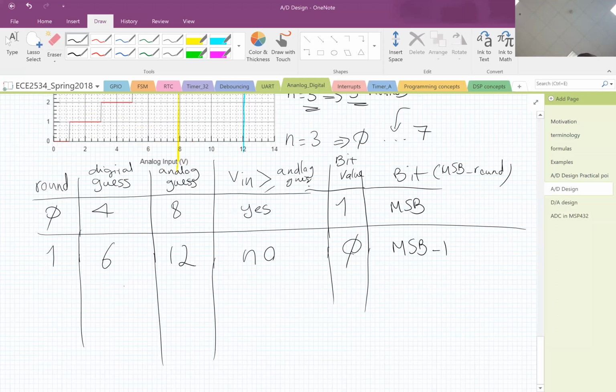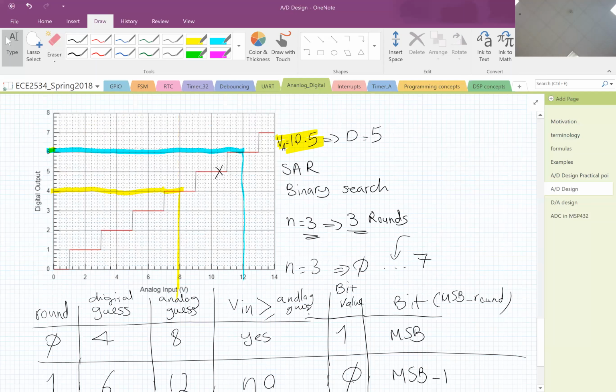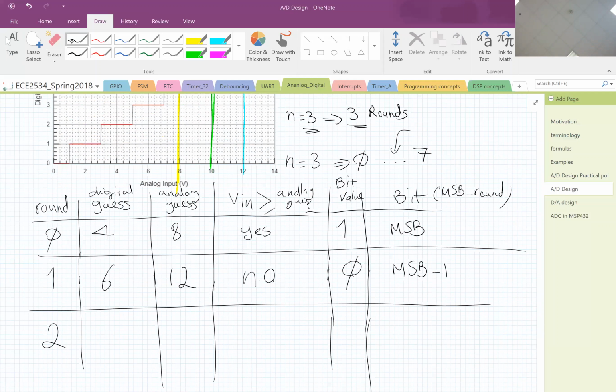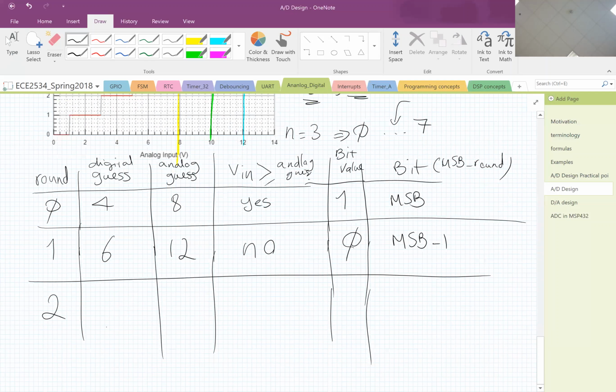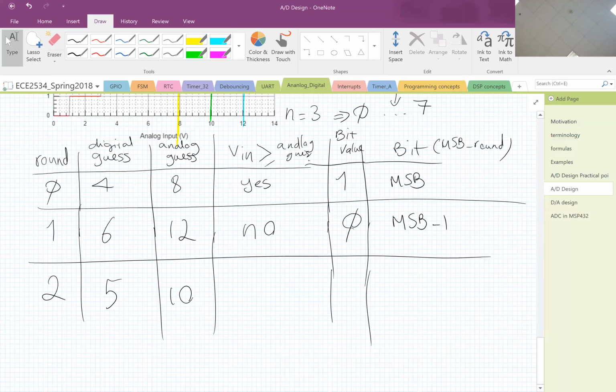The next step. What comes after 6? What is the third guess I have to make? 5. So I choose this one, and my analog guess is going to be 10. Is Vin more than the analog guess? Yes or no? Yes.